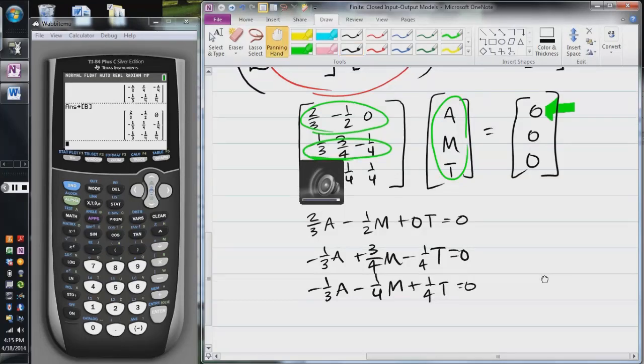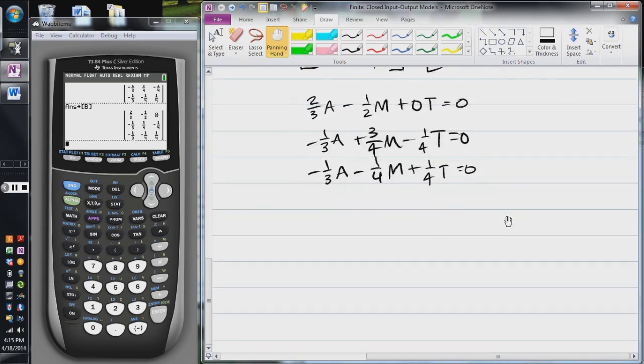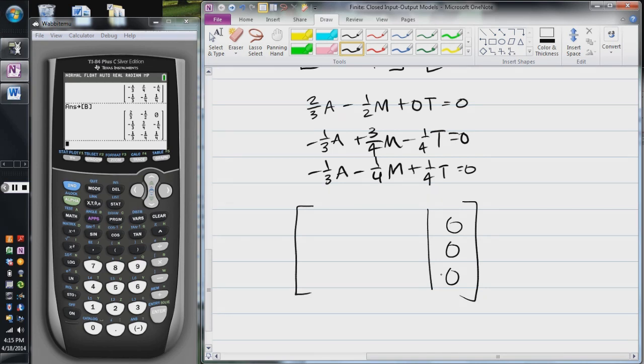With this, because I have a system of three variables, I can create an augmented matrix. And using the calculator, I can convert it to reduced row echelon form to see how many units of agriculture, manufacturing, and transportation I'm going to need.